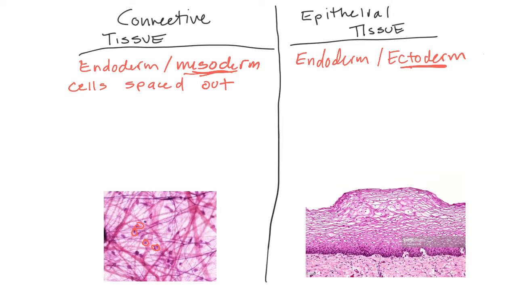And that means they're going to have lots of extracellular space. Whereas in the epithelial tissue, the cells are packed together. And so there's really no extracellular space.